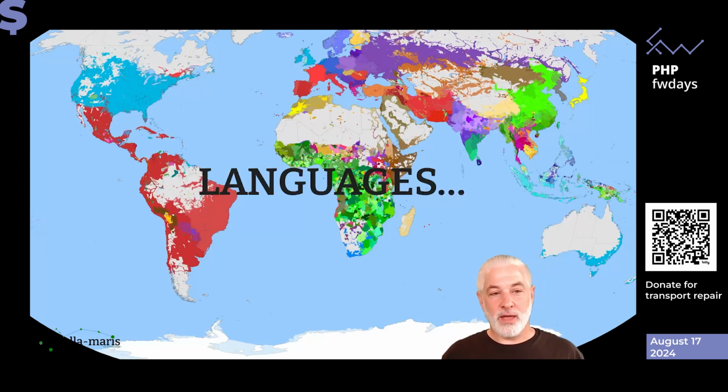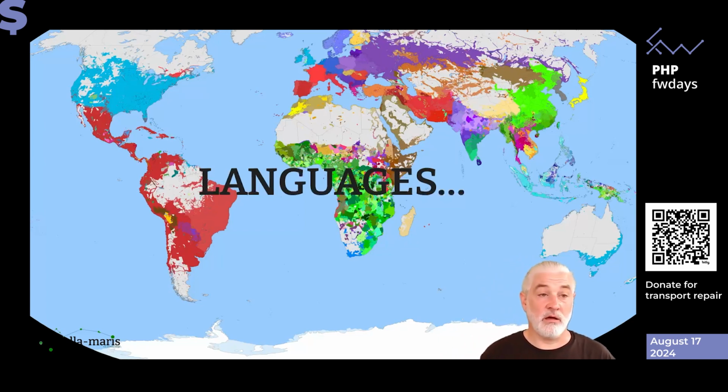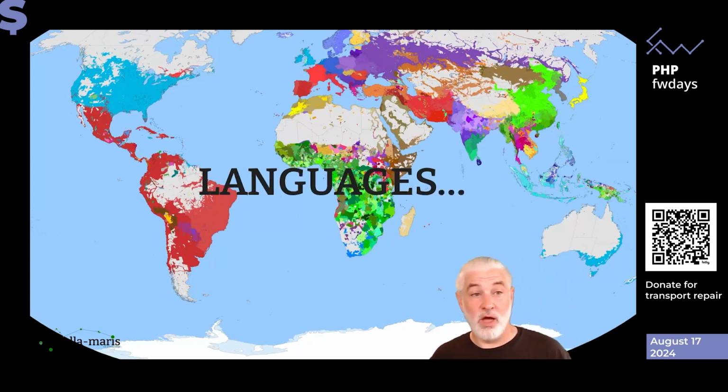But if you have a look over at Africa, there are a lot of different shades of green, and all of them are different separate languages, but you can't make out a country out of that. Similarly, in Northern America, most of the United States speaks English, but above that you have Canada, where a lot of it is blue, which stands for English. But you also have this slight red stripe in there, which is French.